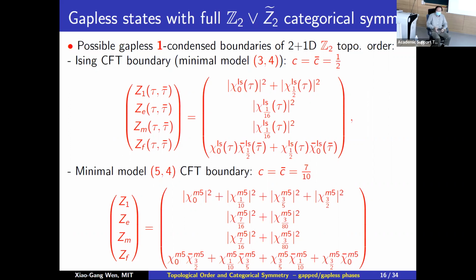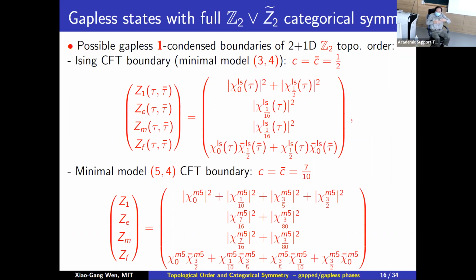It's the same thing as the following. Usually we say Z2 symmetry breaking is described by the Ising model critical point. That is actually an incorrect statement. If you just say Z2 symmetry breaking, the critical point can be many other things. You can stack the critical theory with any CFT which doesn't couple to the Z2 symmetry, and get a new CFT.